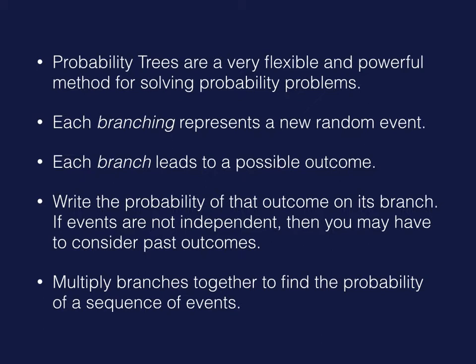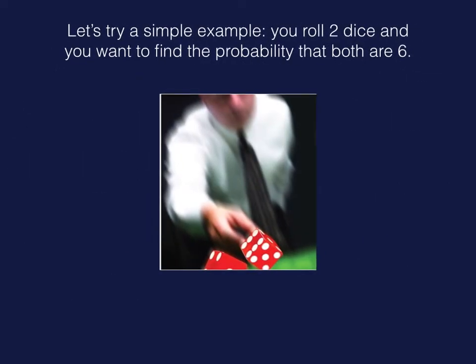When I say a branching, I'm referring to when the tree splits into different lines, and those lines are called branches. And basically the two important rules are that you write probabilities on branches, and then you multiply branches together to get a sequence of events. All right, let's do a nice, easy example to start with to see how it works.